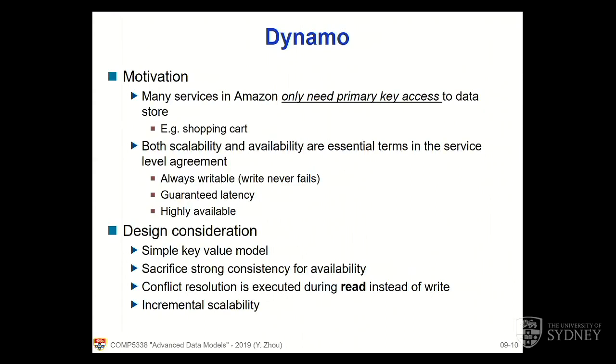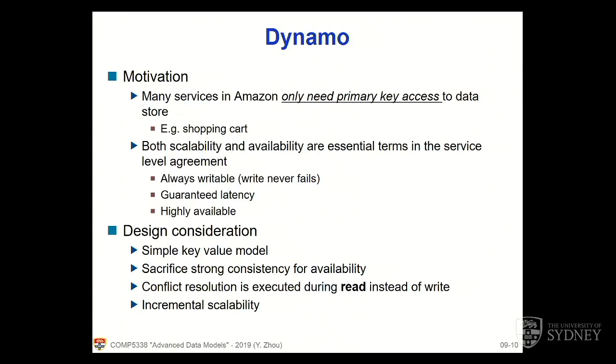But at the same time, they do have requirements for other things, and they really want to optimize those. So they want to support very simple queries, sacrificing that query complexity to support other more important features, which is scalability and availability. That's very essential in terms of their service level agreement.